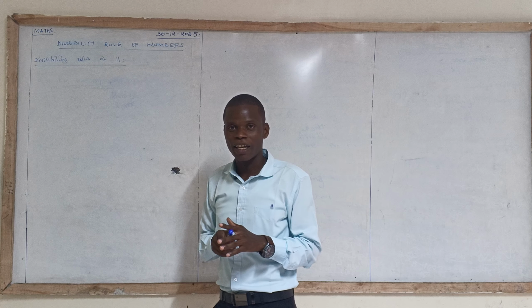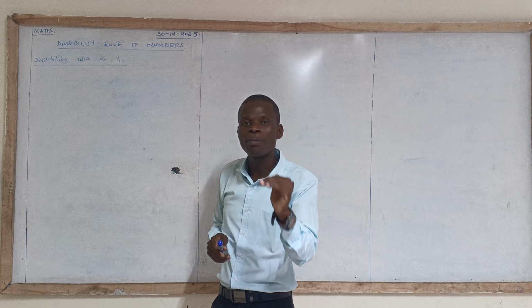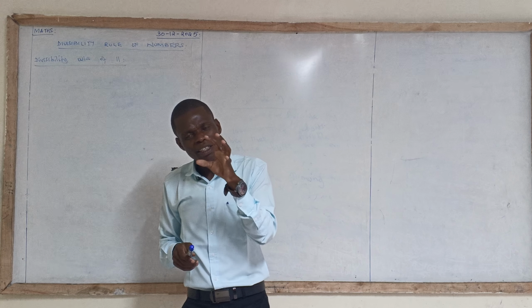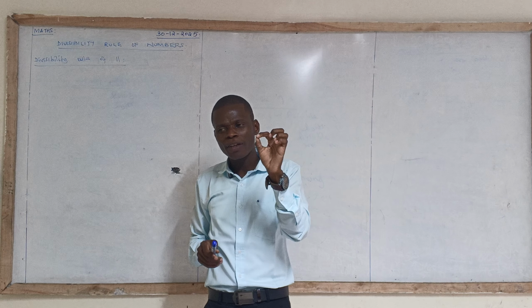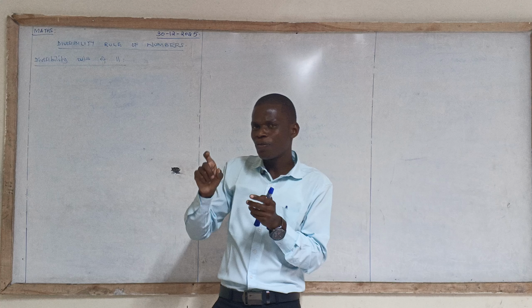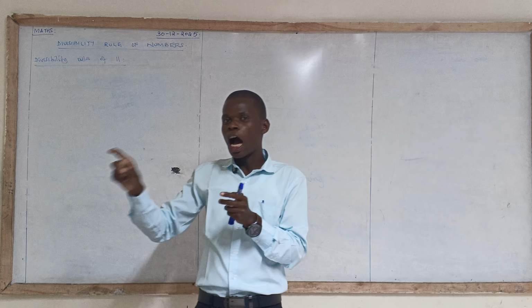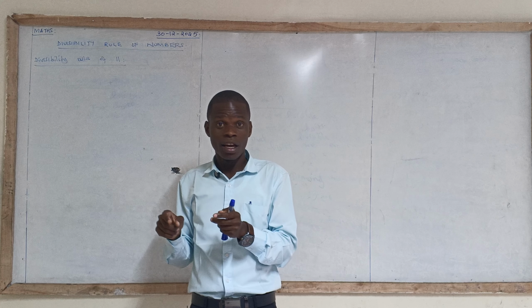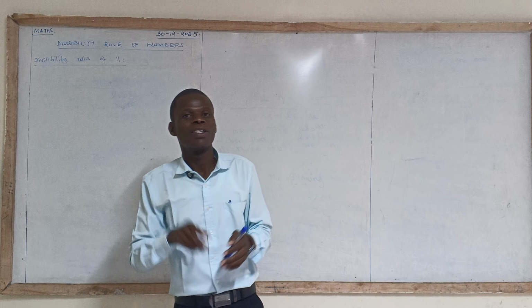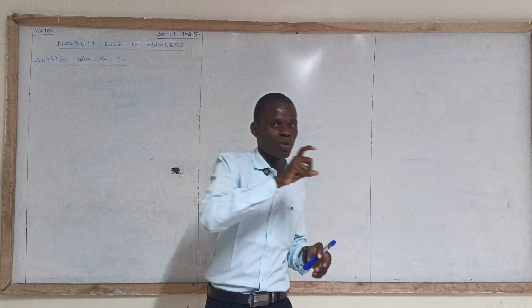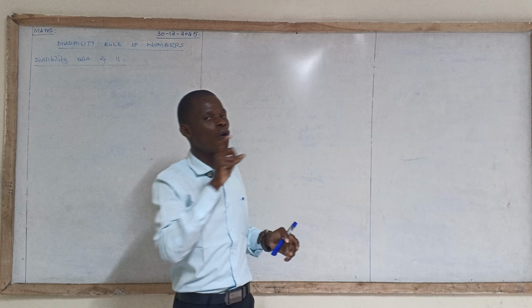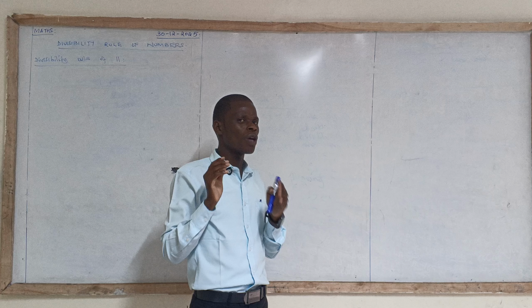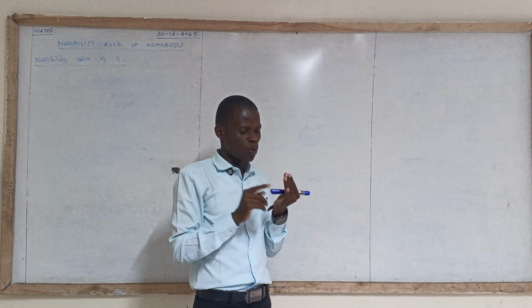So what are you going to say? When can you say a number is divisible by 11? They say that a number is divisible by 11 if the difference of the sum of the alternate digits. So we have steps here.